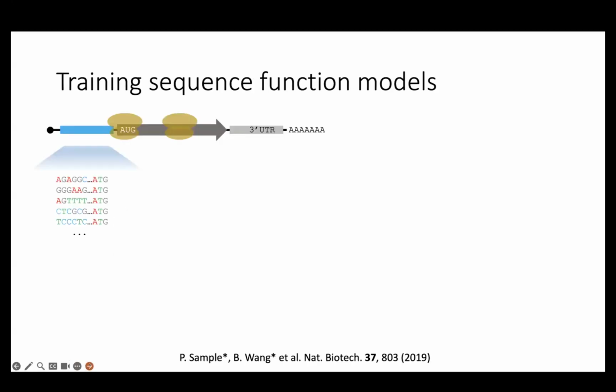And the way my lab is going about this is essentially trying to build models through supervised machine learning, right? And to do that, we have to start by somehow generating training data. And the way we're generating these training data is very often through synthetic biology. So basically what we do here is we want to make a large library of genes that look the same everywhere except in the 5' UTR.